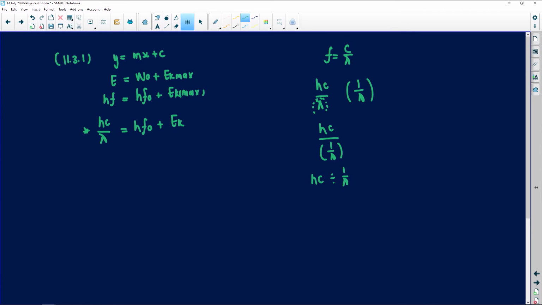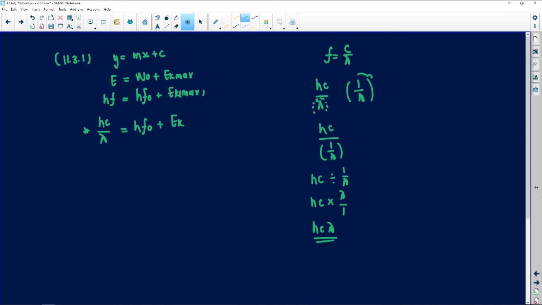To change a division to a multiplication, I do tip and tap. So I'm going to have lambda over 1. hc multiplied by lambda gives me hc lambda. And 1 times nothing remains 1. Something divided by 1 remains itself. So then I end up with Planck's constant, c being the speed of light, and then lambda. So that is then where I got that.